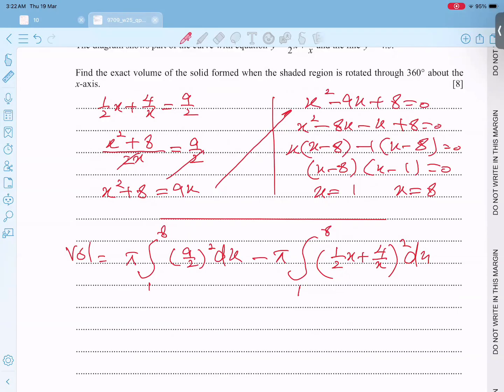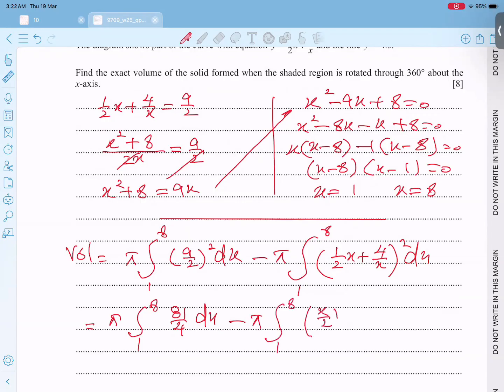So I think now you understand very well. So how to complete it? This is 9 squared, which I'm writing here as 81 over 4, and dx. And what about this one? This one we have to expand as well. So what is the rule?